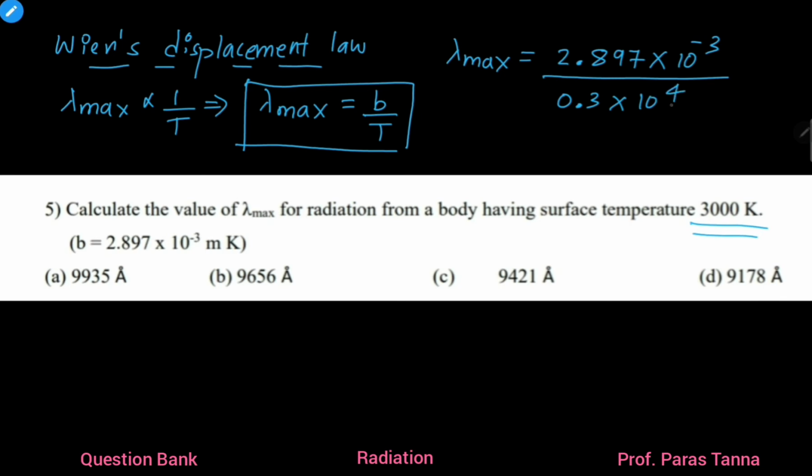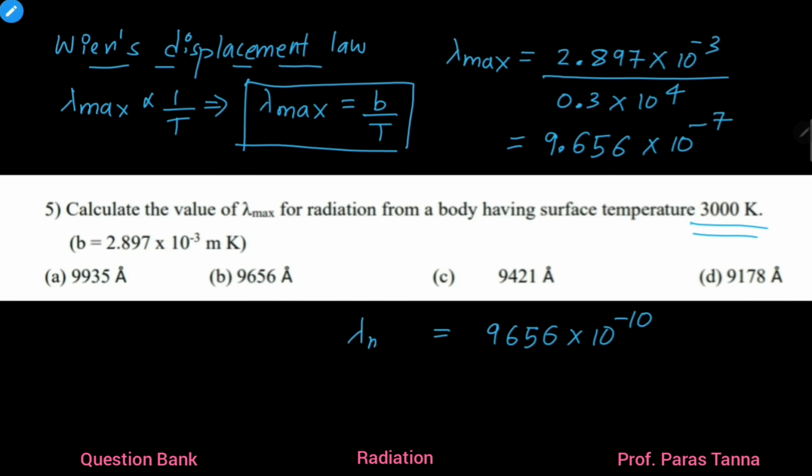Alright, now students, 2.897 divided by 0.3 will give us 9.656. Into, we are getting 10 raised to minus 3 minus 4, that is minus 7. That can obviously be considered as 9656. Shifting 3 decimals, so into we can write 10 raised to minus 10.